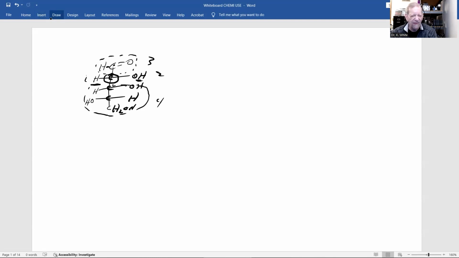And turns out this would be chiral, this would be chiral. This one is not, because if you have 2 or more hydrogens, it can't be chiral. This carbonyl carbon can't be a chiral carbon, because if a carbon is in a double or triple bond, it can't be chiral.